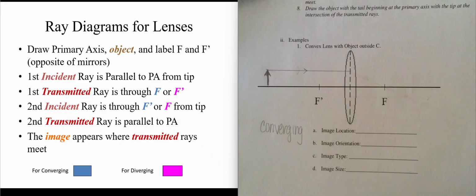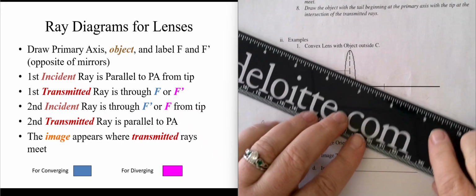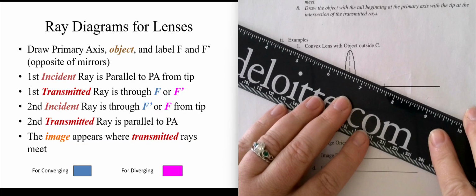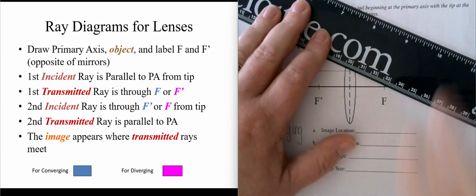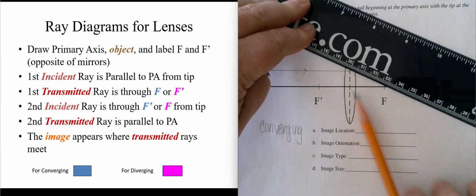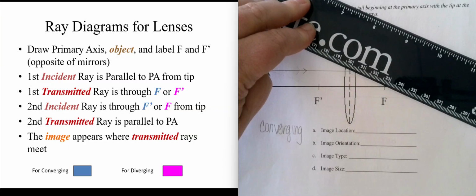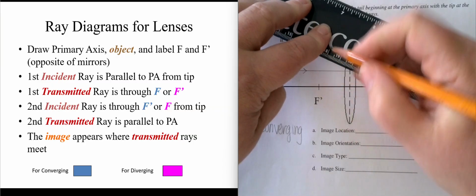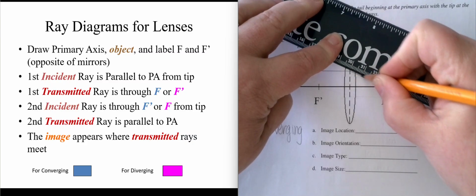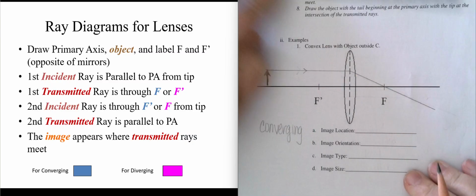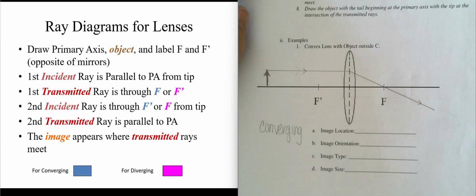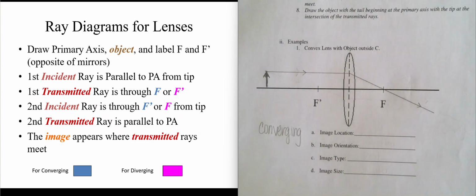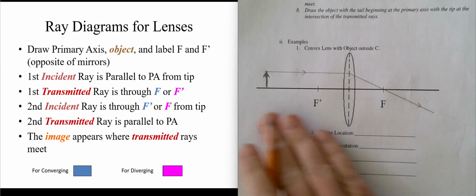Since this is converging, the first transmitted ray, or the refracted ray going through the lens, is going to line up the point where it hits the center of the lens with the actual focal point so that the light travels through the focal point, like so. And since it is continuing on, make sure we draw our arrow, because light is supposed to move through a lens.